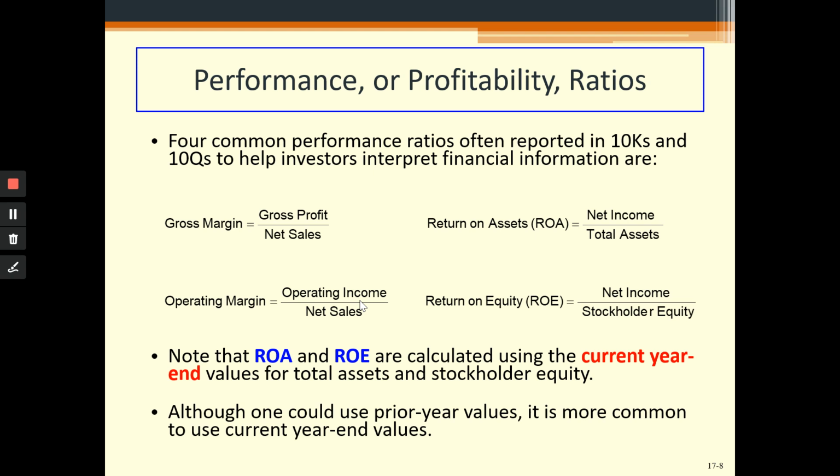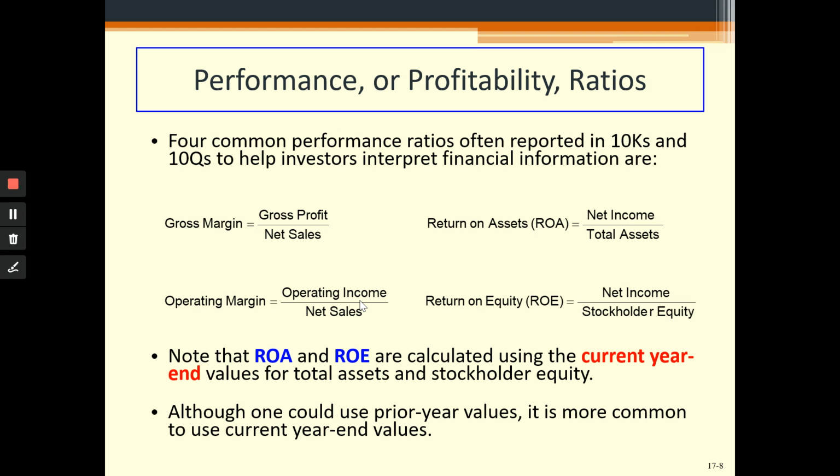The return on assets and return on equity: the return on assets is simply the net income, meaning we have paid everything, even the taxes, divided by the total assets. Return on equity tells what the equity holders are getting in return, and is generated by net income divided by the stockholders' equity.